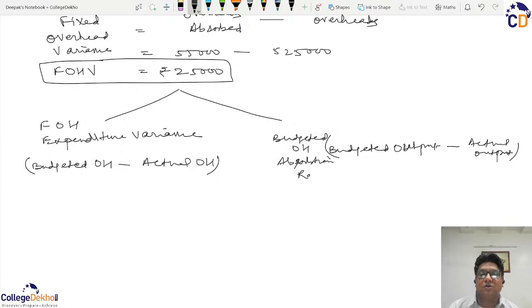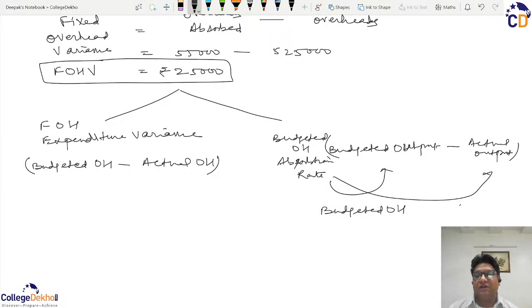If you multiply the budgeted output by the rate, it denotes the budgeted overheads, and if you multiply the actual output by the rate, it denotes the overheads absorbed.